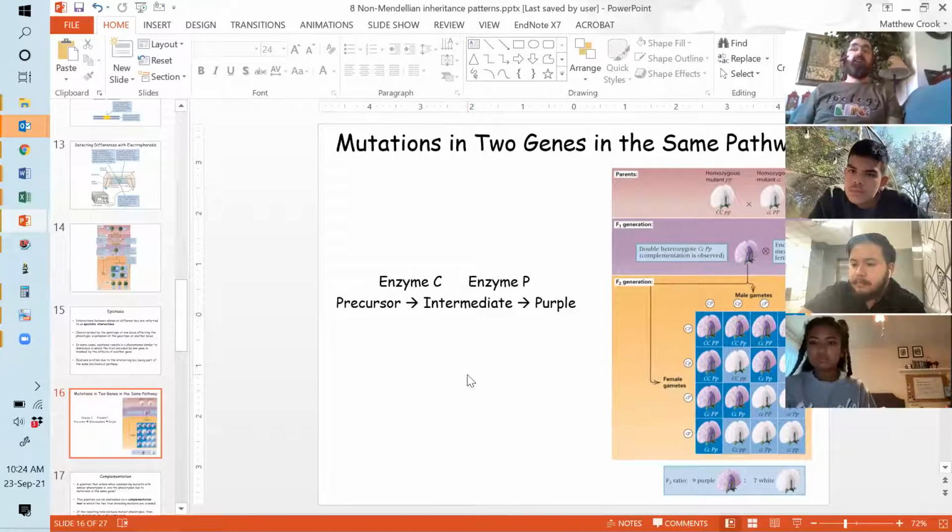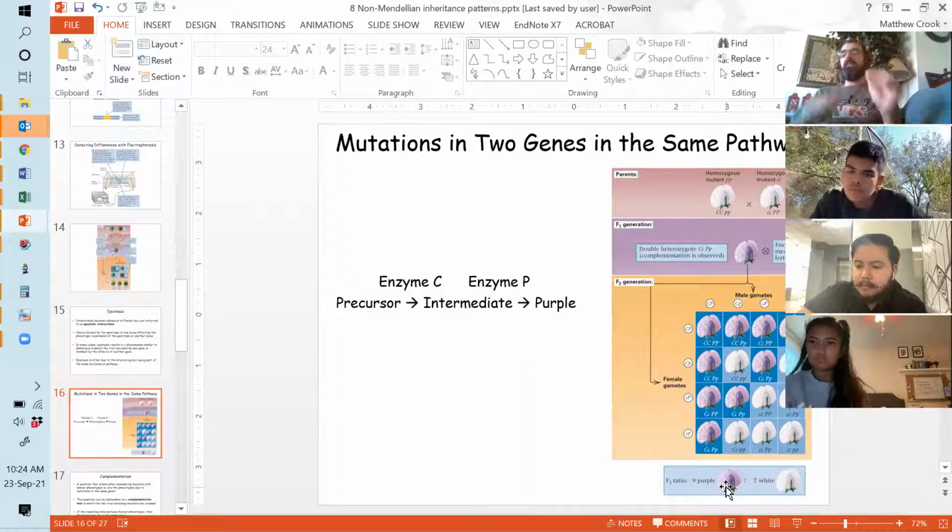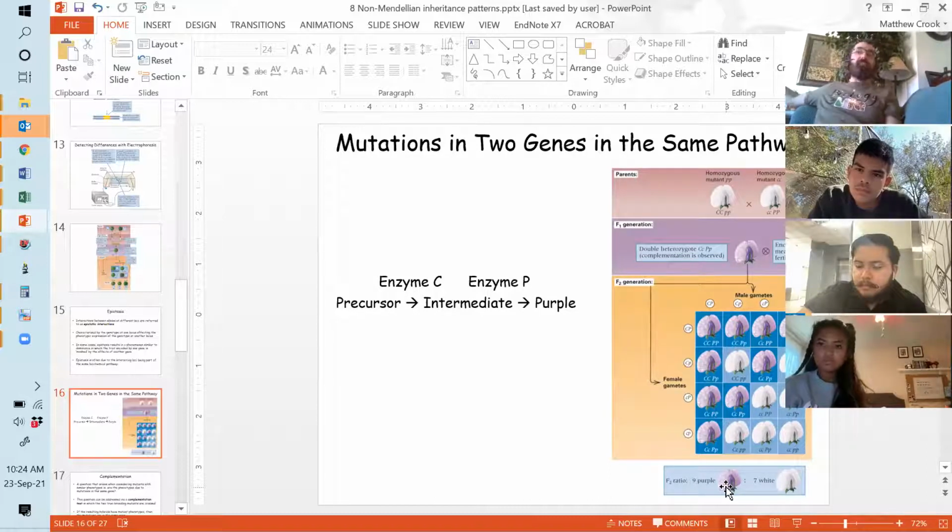Where you have this situation, instead of a 9:3:3:1 ratio, you'll have 9, those are all individuals that have at least one dominant allele for both genes. And then all the rest, the 3:3:1, all get clumped together, and that's just 7 recessive individuals. So that's a very big departure from the 9:3:3:1 ratio.